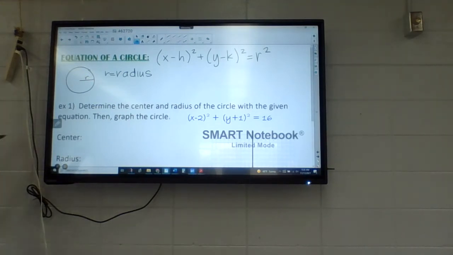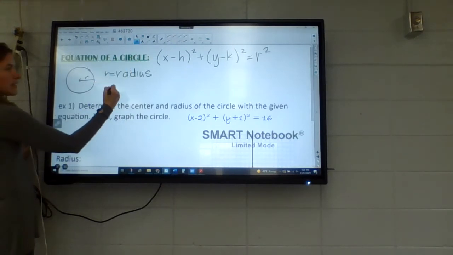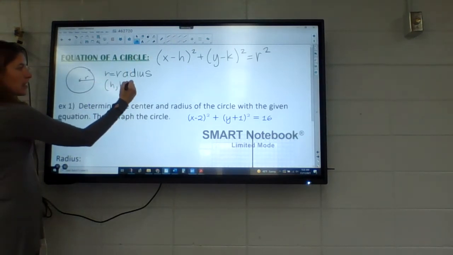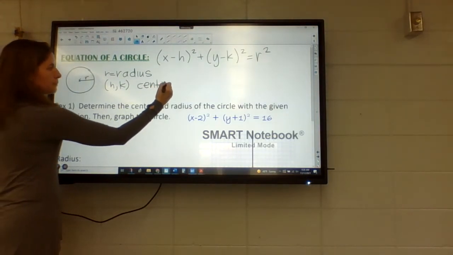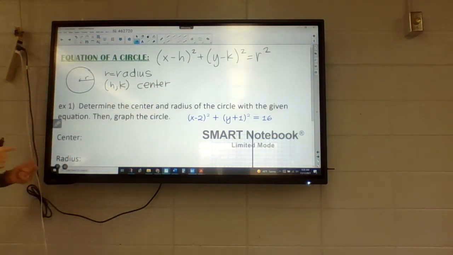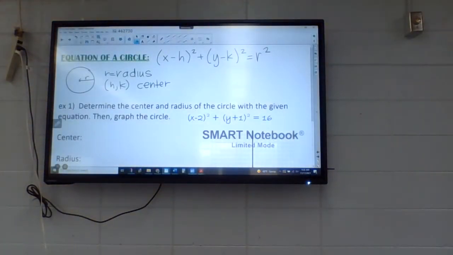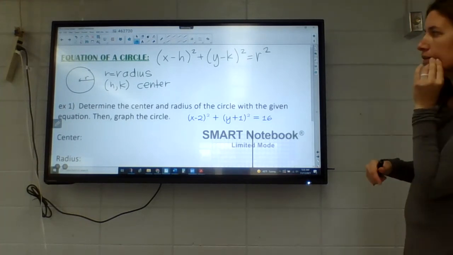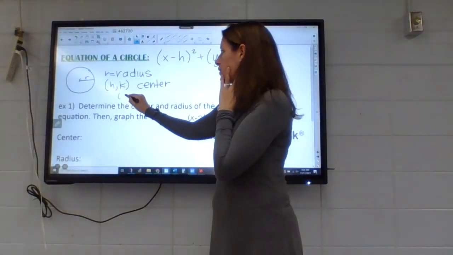Another really important point of the circle is the center. And that's what the h and k stand for. So h and k are the center of this circle. So if I know the center and the radius, I should be able to graph my circle. Now the x and y are just points on the circle.